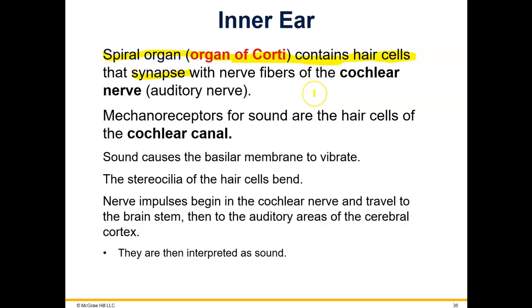It's the portion of the vestibulocochlear nerve that deals with hearing. The hair cells are mechanoreceptors that are stimulated by sound waves. So they're mechanoreceptors for sound.